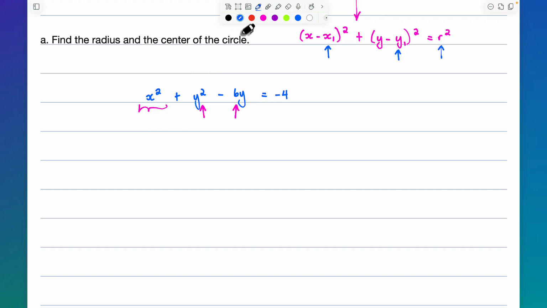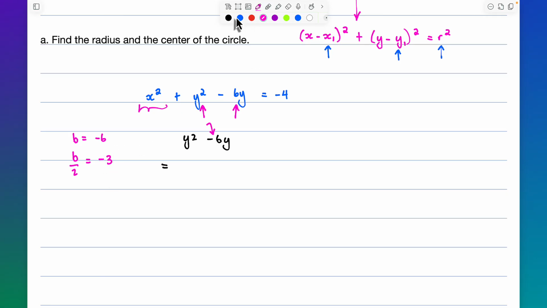For the y, we take y squared minus 6y. For completing the square, what we usually do is take the b value, which is the value attached to the y in this case. b is -6, so we can get b over 2, which is -6 over 2, that's -3.